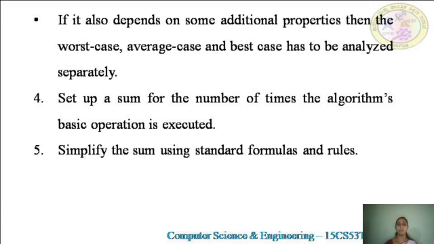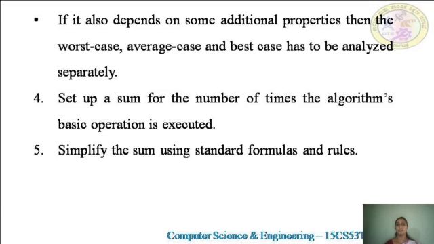In the fourth step, we set up a sum for the number of times the algorithm's basic operation is executed. For example, C of n is equal to the sum of 1, where i takes the values 1 to n.